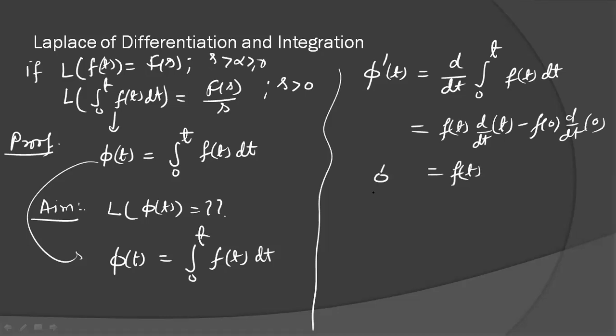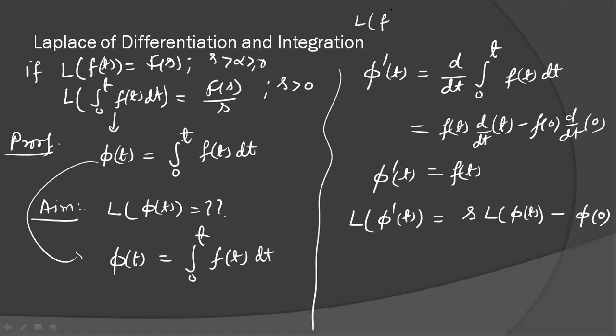It means phi dash t is nothing else but f(t). So if you take the Laplace of phi dash t, using the differentiation rule, it is s into Laplace of phi t minus phi 0. Which result am I using here? I am using the Laplace of f dash t. Suppose any function g dash t, then it will be s into Laplace of g(t) minus g at 0. Use the differentiation rule. It will work for any function f(t), g(t), phi t.